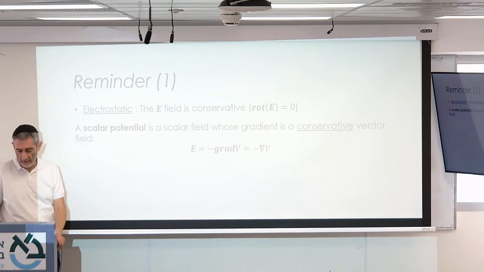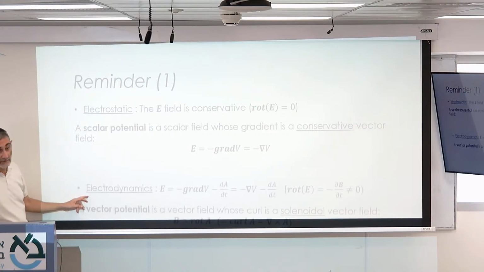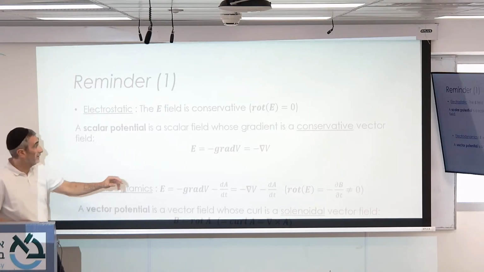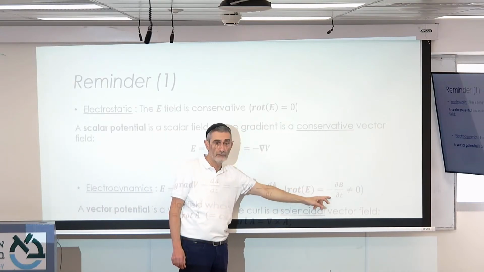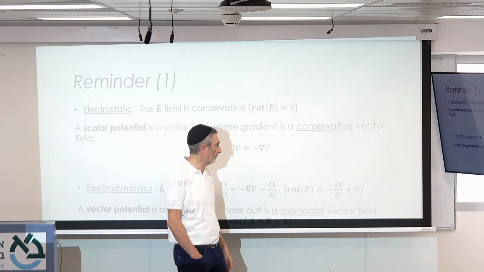That's the case of electrostatic physics. Now if you go to electrodynamics, time plays a role, so this is not true anymore. The rotational of E is minus dB over dt, from the Maxwell relation.